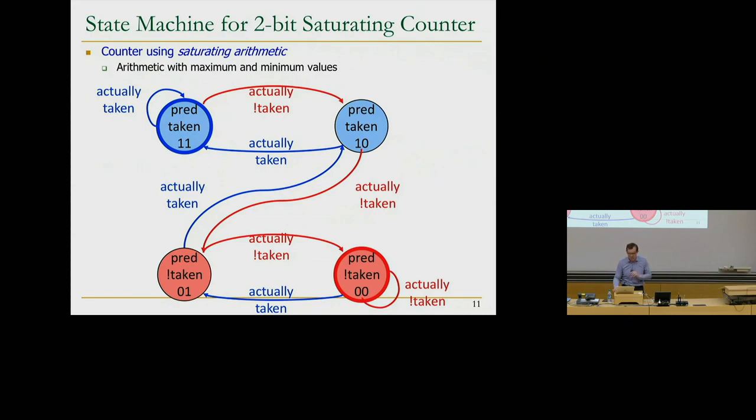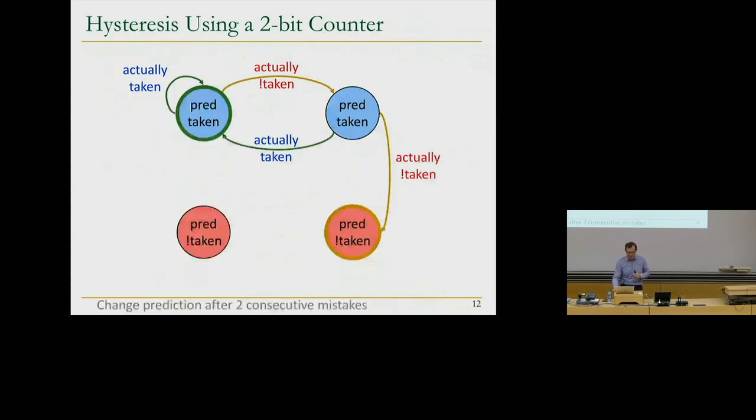Okay? So hopefully this is clear. And these are basically showing different paths. So basically, if you're predicted taken, to be able to go from this state to this state, you actually need to see 2 opposing outcomes. But if you don't see the 2 opposing outcomes, for example, if you see 1 opposing outcome, you're predicting it taken, and the branch is actually not taken.